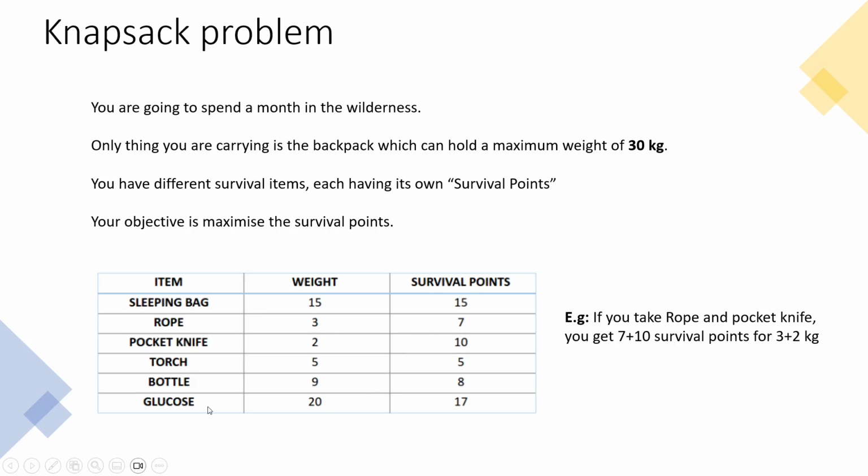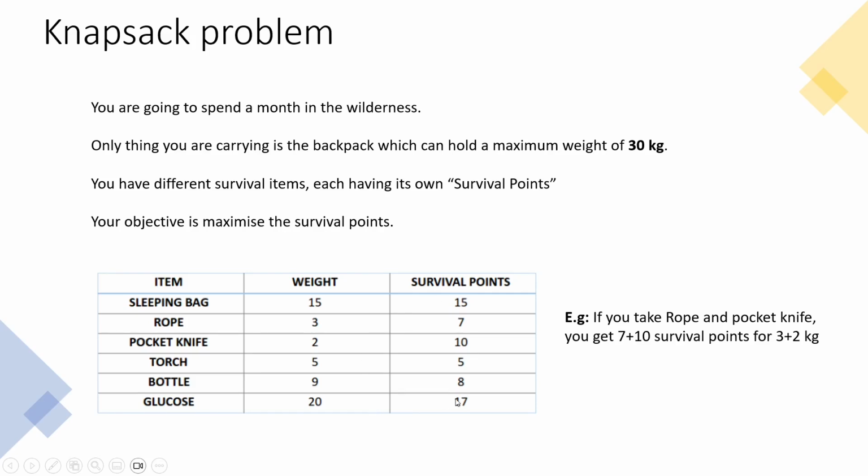If you select, for example, glucose plus sleeping bag, that weighs 35 kilograms, so these two items can never be taken together with our bag. The knapsack problem is trying to optimize our bag in a way that we carry 30 kilograms, but carry items with the best survival points.